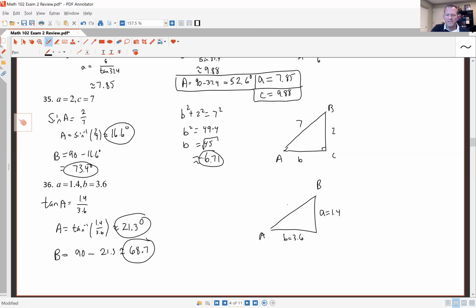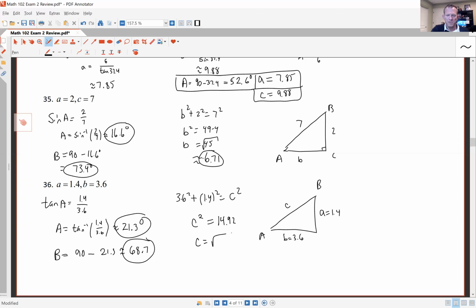Lastly, we have to find C, and this time a squared plus b squared equals c squared. So you have to use a calculator to do this. c squared is equal to 14.92 exactly.